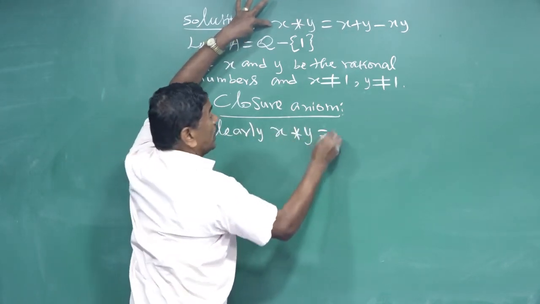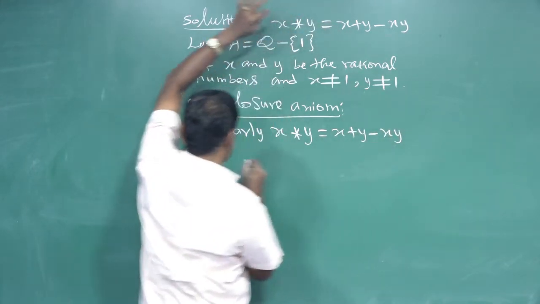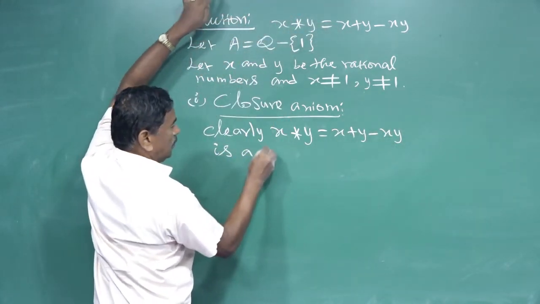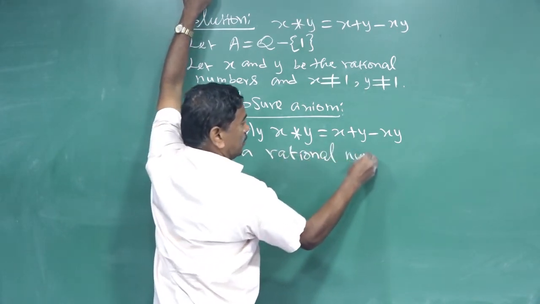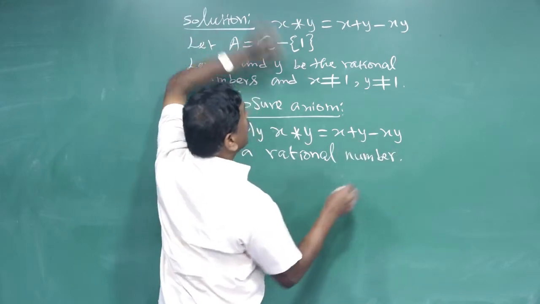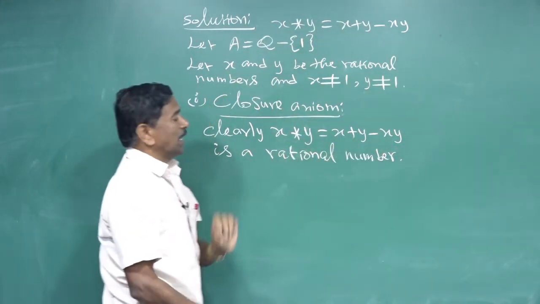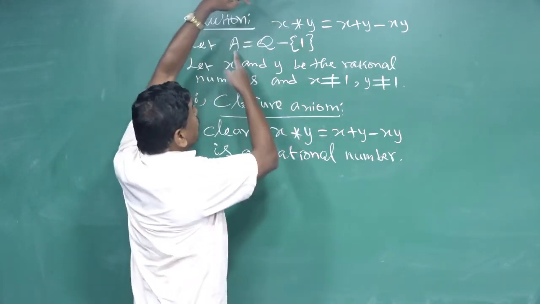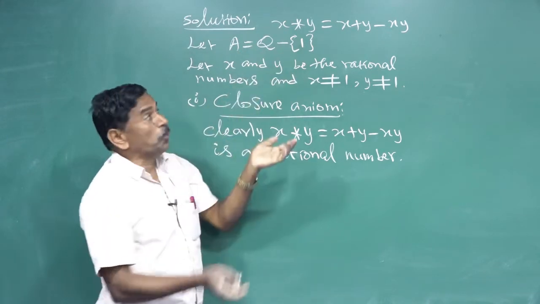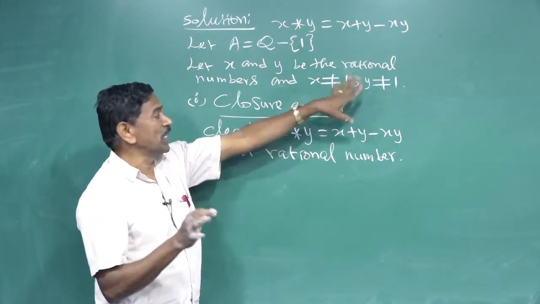But to prove x star y belongs to A, we have to prove that x star y is not equal to 1. That is the idea.